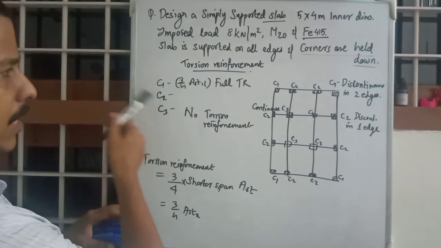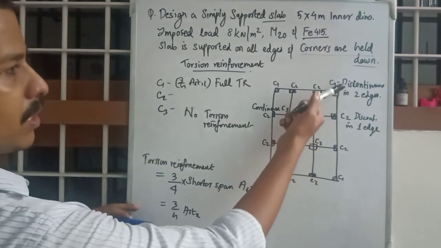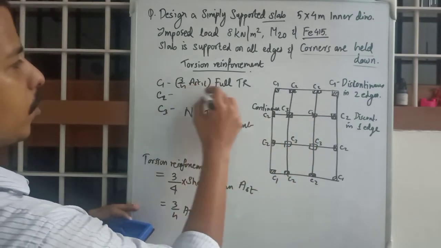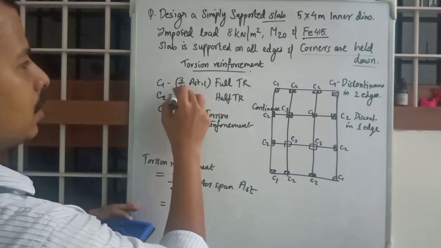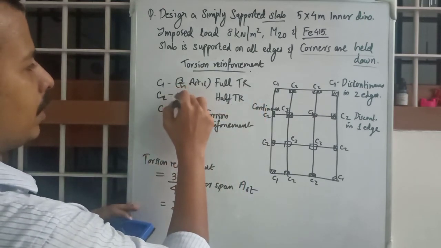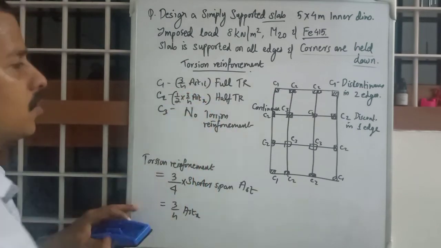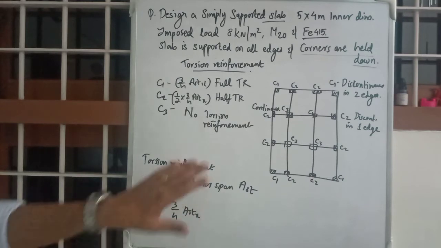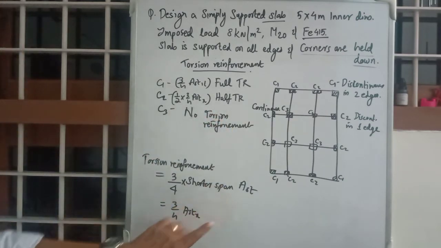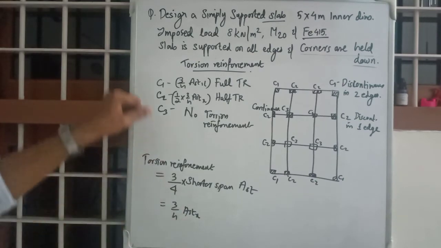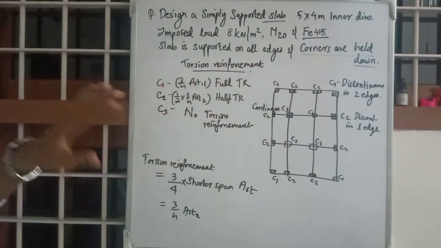For C2, as it is having one more continuous edge compared to C1, you need to provide only half torsion reinforcement, that is 1/2 into 3/4 ASTX. I hope it's clear. You can calculate the torsion reinforcement beforehand as 3/4 AST, and then treat the corners accordingly.